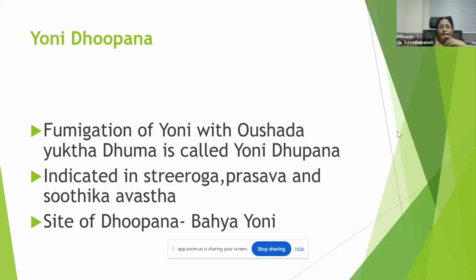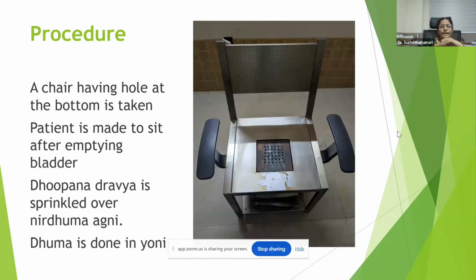The site of the dhupana is the bahya yoni. Nowadays this procedure is modified. We have chairs wherein the patient can comfortably sit, and beneath the chair the dhupana dravyas are kept, and the dhupana of the bahya yoni is done.